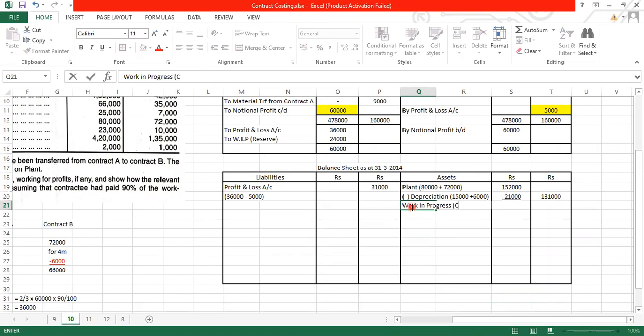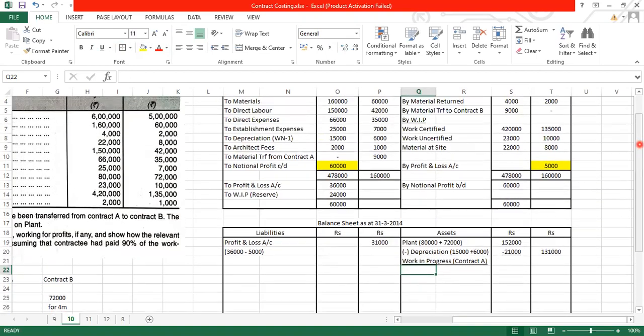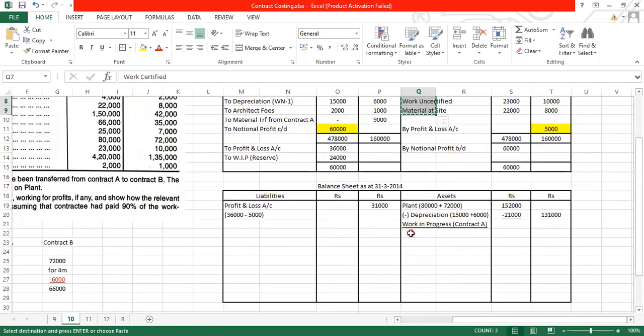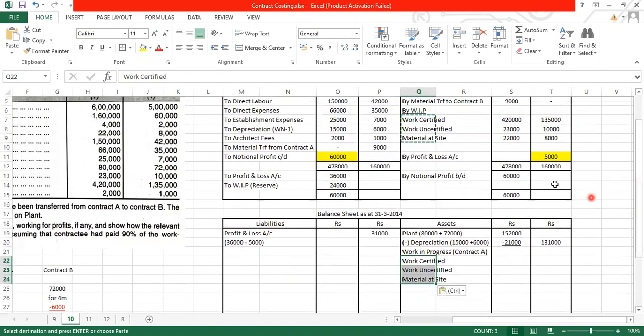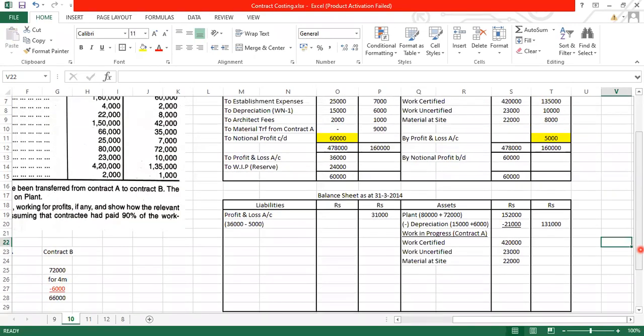But for contract A, work certified we write down work uncertified and material at site. लिखा पहले.